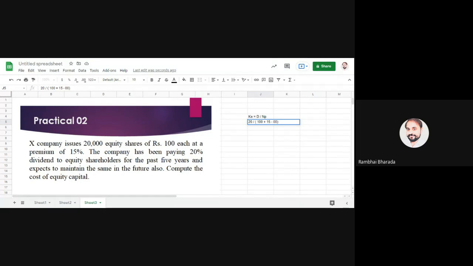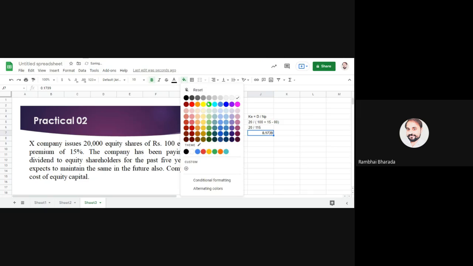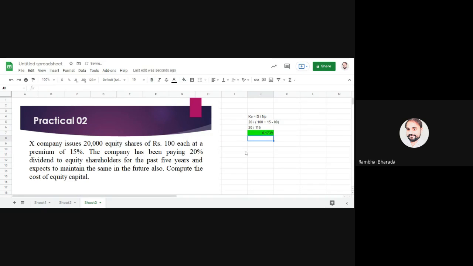Yes. NP is equal to face value plus premium minus issue expenses, 100 plus 15 minus 0. Final answer will be 20 divided by 115, that is 0.1739, like this. Are we clear about the second one?